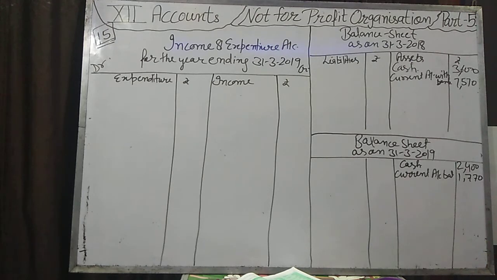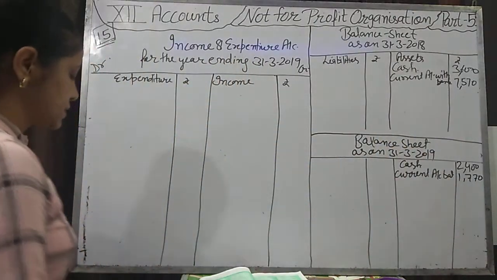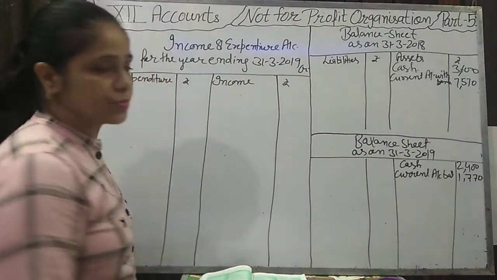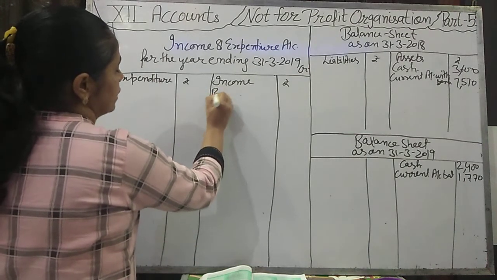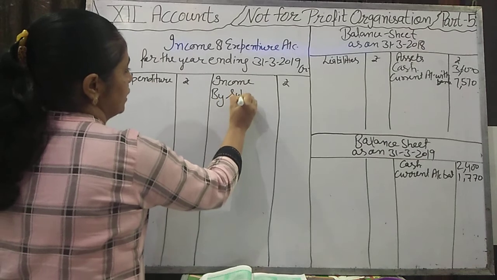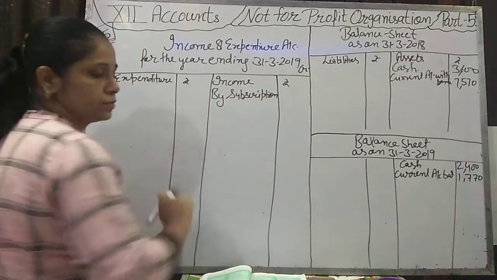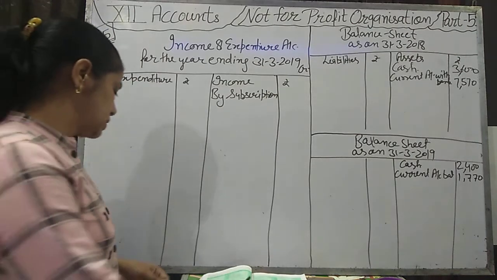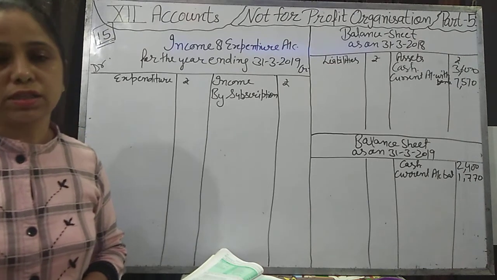Okay, now after that, on the receipt side, the second information given is about the subscription. Subscription is our income, which we will write on the income side of the income and expenditure account. Total we have received 42,200 subscription.